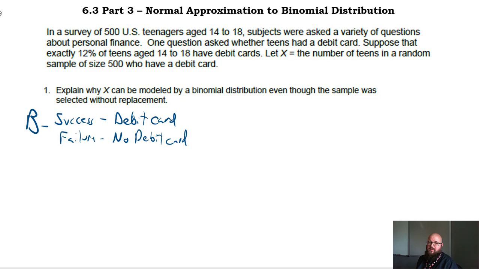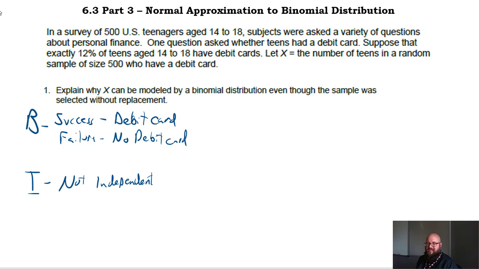Okay, now we talk about our I, for independent. We know it's not independent because we're not having replacement, so it could kind of depend on who's going to have one and who doesn't.